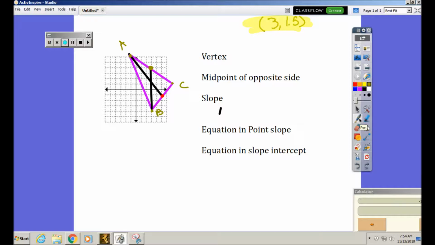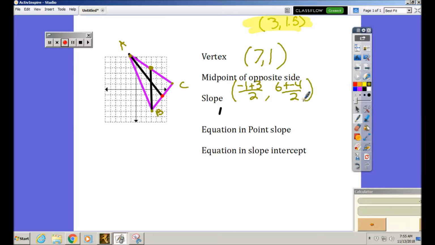So now I need to do for vertex C. Vertex C has a coordinate at 7, 1, correct? What's the midpoint of the opposite side? So that means the midpoint of A to B. So A has an x value of negative 1, and B has an x value of 3. A has a y value of 6 plus negative 4.